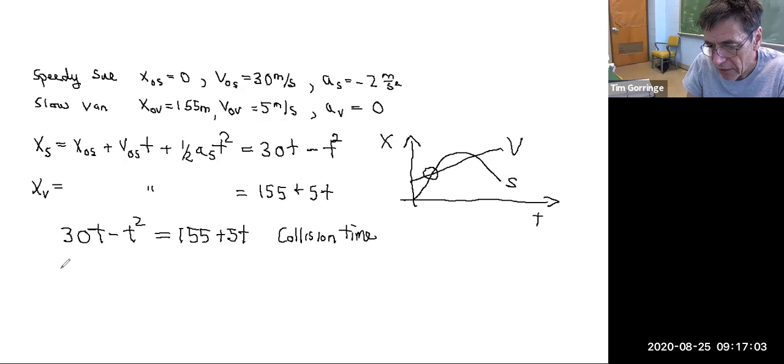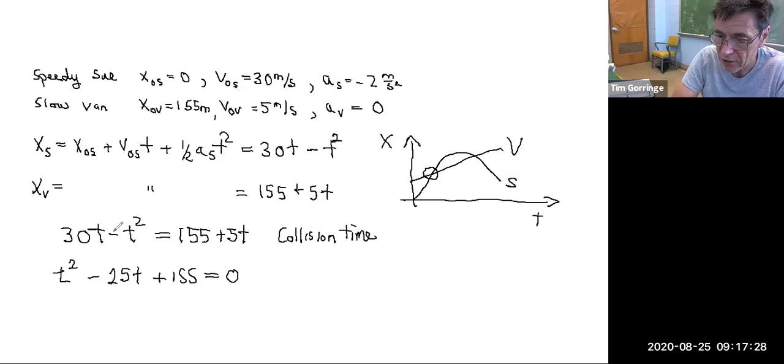So if I rewrite the equation, I can rewrite it as t squared minus 25t plus 155 equals 0.